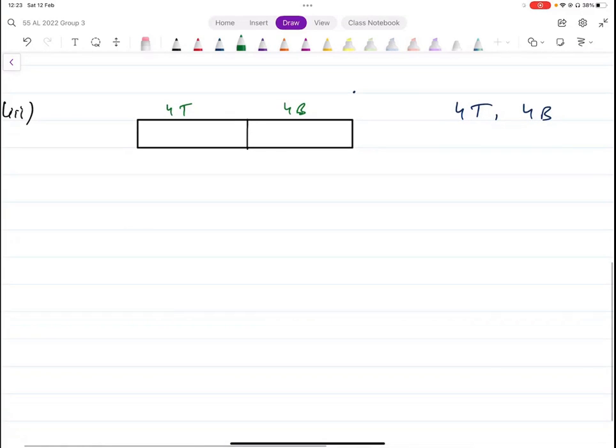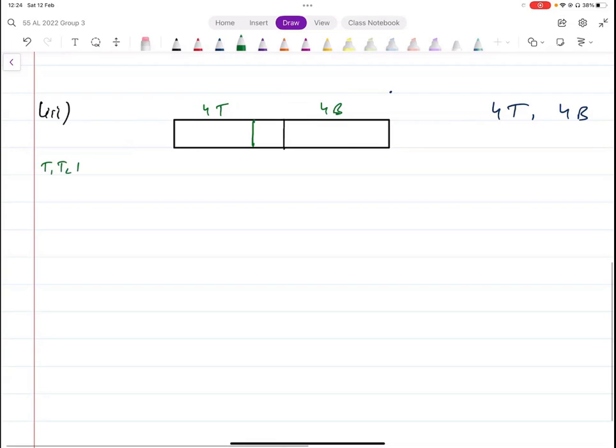Okay, the B's have no problem. So they can be in any arrangement. It doesn't matter. But 3 out of these 4 T's refuse to stand next to a B. So let's say there are 4 of them: T1, T2, T3, T4.